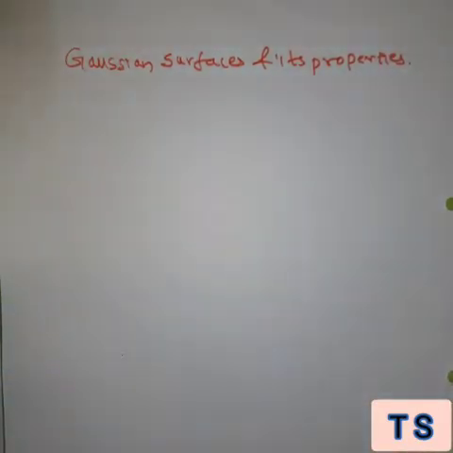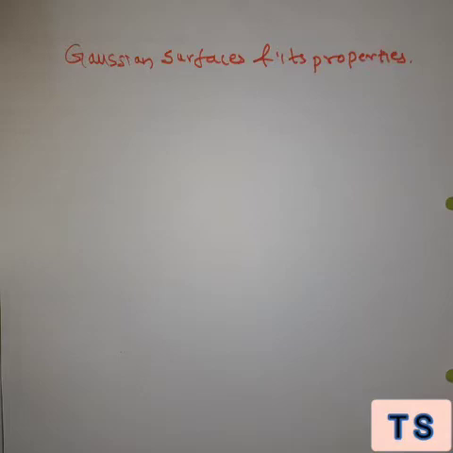You cannot select any Gaussian surface. When we say it's a closed surface, there can be different types of closed surface, but which types can you take as a Gaussian surface?